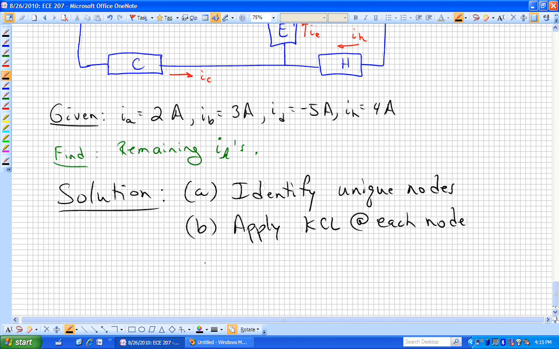And hopefully that process will yield some equations so that we can solve for the unknown I sub k's. That's the process that we will try to follow.